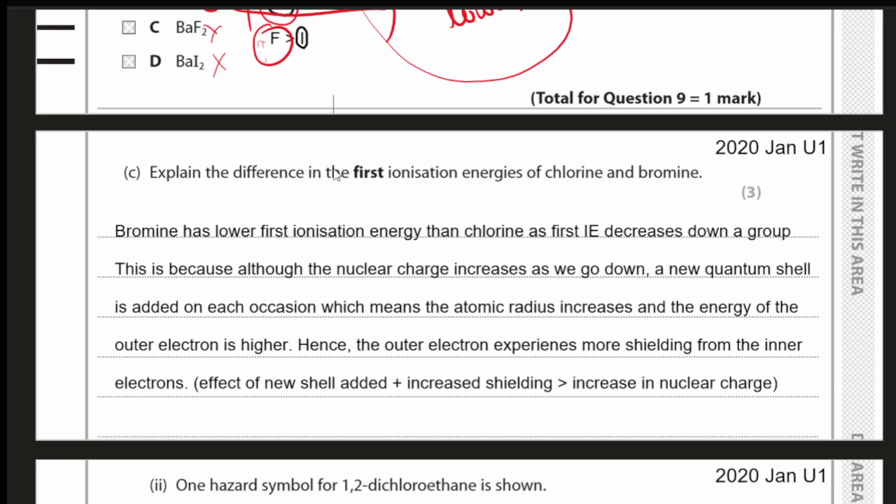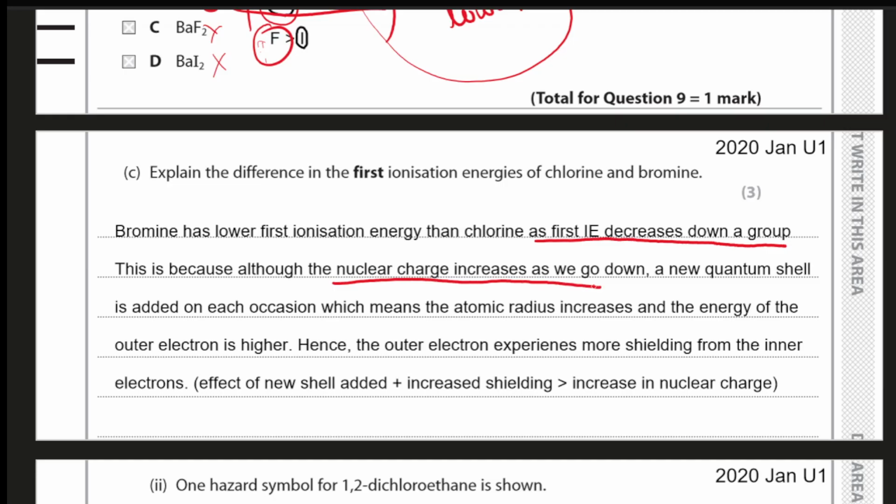Moving on, explain the difference in the first ionization energies of chlorine and bromine. We know that bromine has lower first ionization energy than chlorine. Why? Because as we go down the group, the first ionization energy decreases.